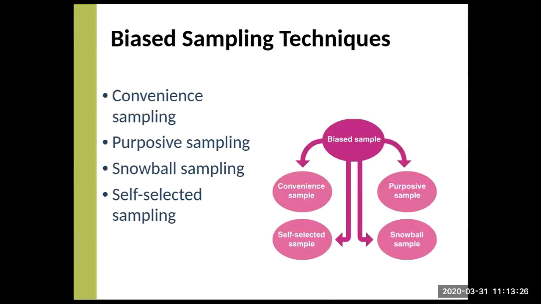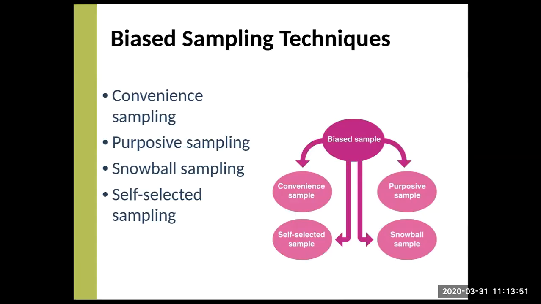So these are biased sampling techniques. We just talked about convenience sampling. In this way, purposive sampling is a method where people are purposely looking for specific spots. So if you want to ask people about exercise, purposive sampling is only going to places where you tend to see people exercising.